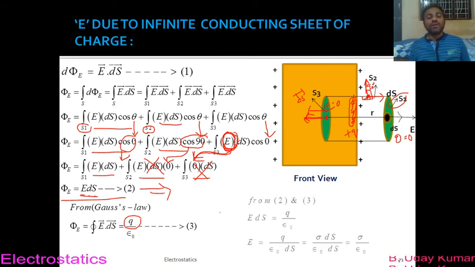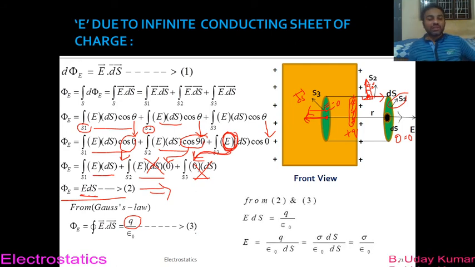Anyway, next, from equations 2 and 3, if I compare these two equations, what do I get? I get E ds is equal to Q by epsilon 0, and sending this ds to the right hand side, it becomes E is equal to Q by epsilon 0 ds. But you know that I can write Q in terms of sigma.